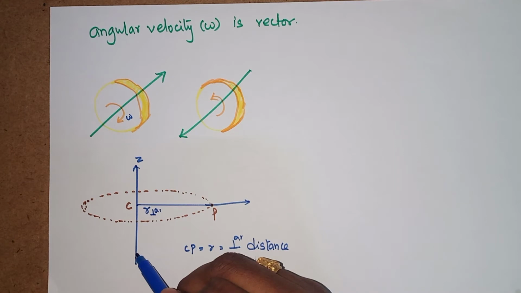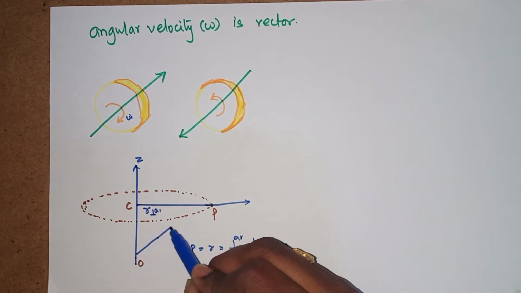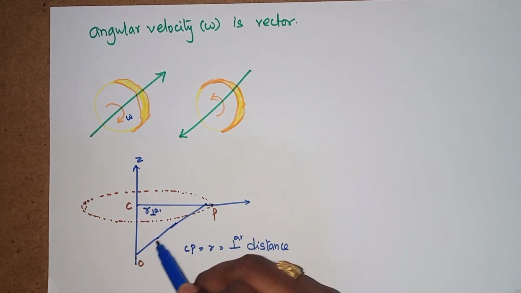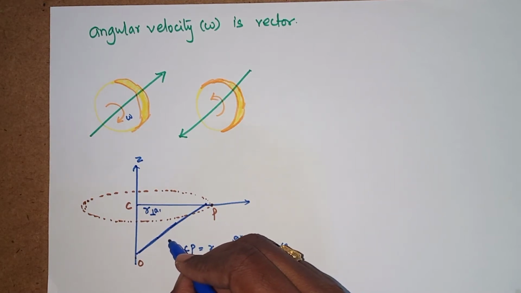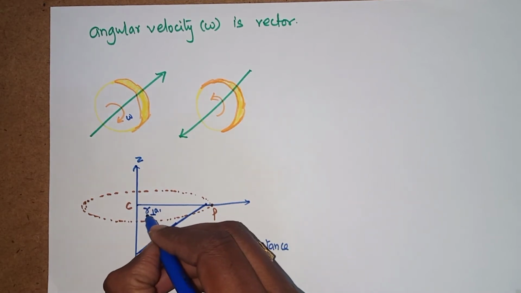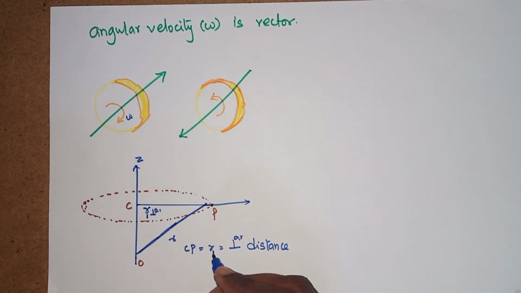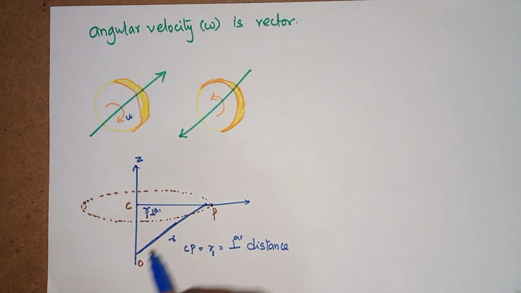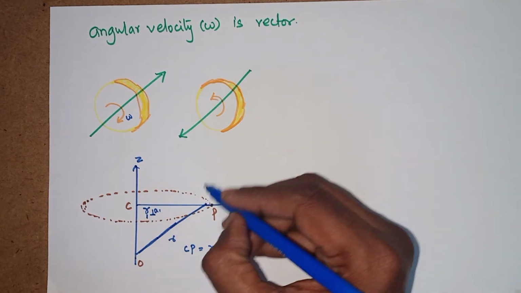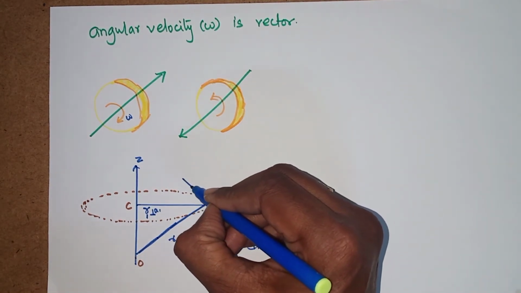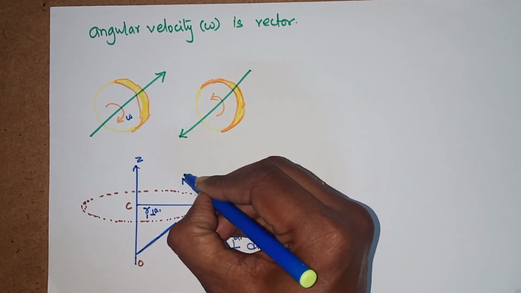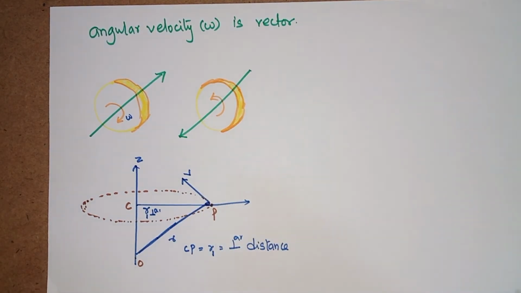Now we will draw a vector called the OP vector, which is written as r, let us say r1. Now at this particular point, if you draw a tangent touching this point, that is called the linear velocity.